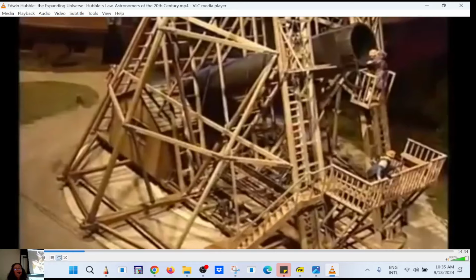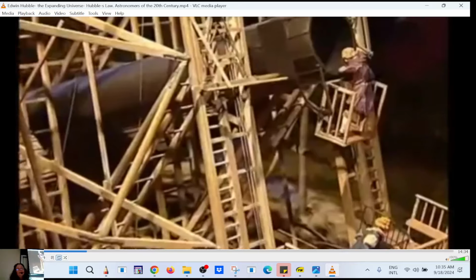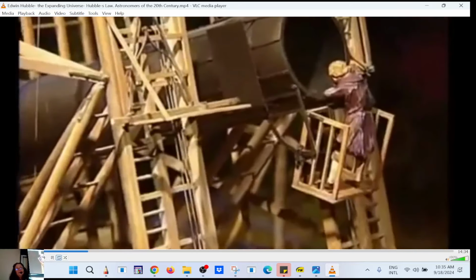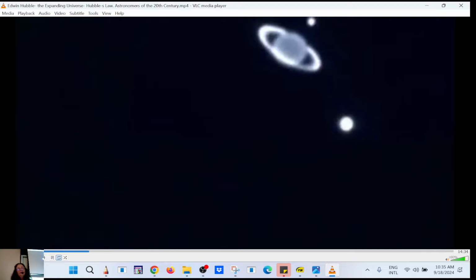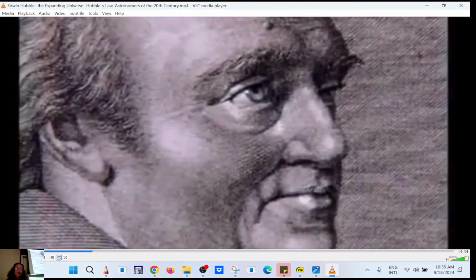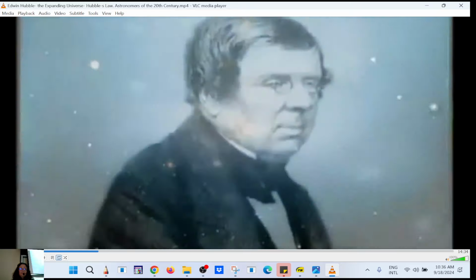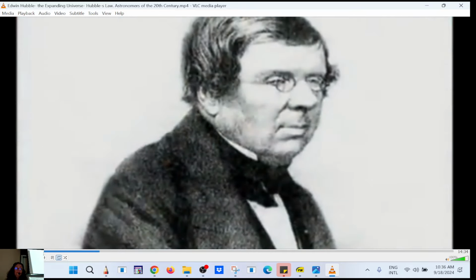Using a huge telescope he had built himself, William Herschel discovered the planet Uranus in 1785. While observing the heavens, Herschel also kept coming across bright points surrounded by a sort of fuzz. At first he thought they were stars surrounded by clouds of gas and dust. In 1845, the Irish astronomer William Parsons, the Earl of Rosse, completed his reflecting telescope, which he called Leviathan.